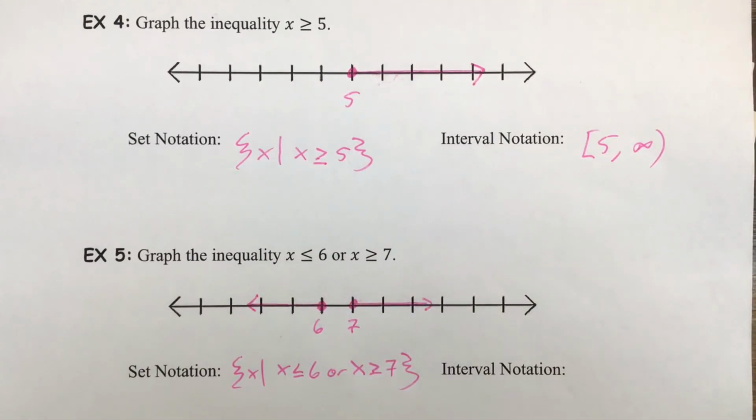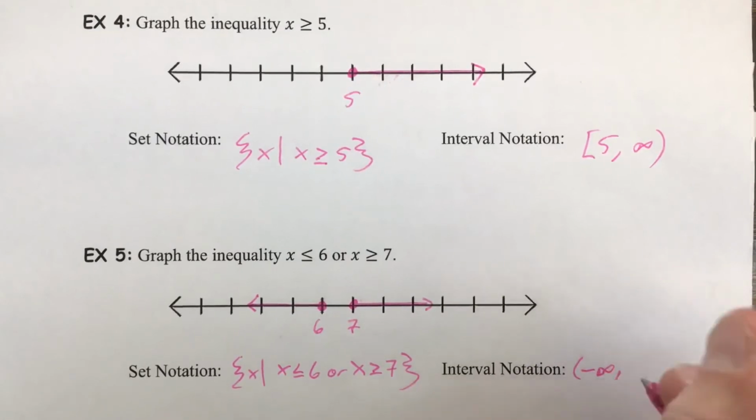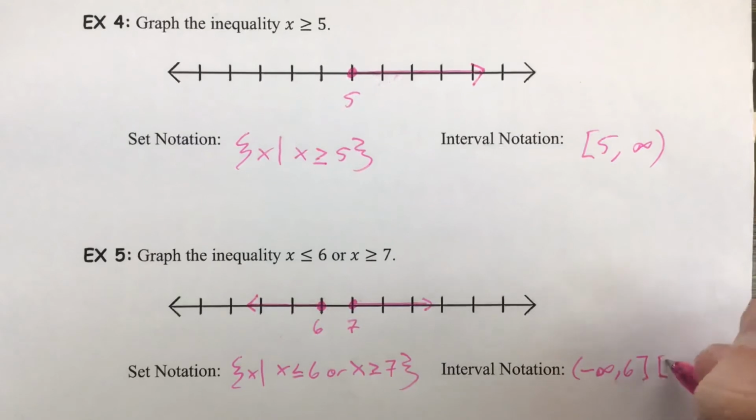For interval notation, what we're going to get are two intervals because it's like we have a break between our numbers here. Okay, we're going to come from negative infinity up to 6 with a bracket because it is included. We'll pick up again at 7, included, so bracket, and go to infinity.